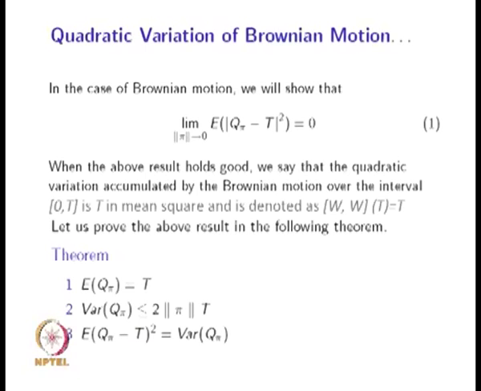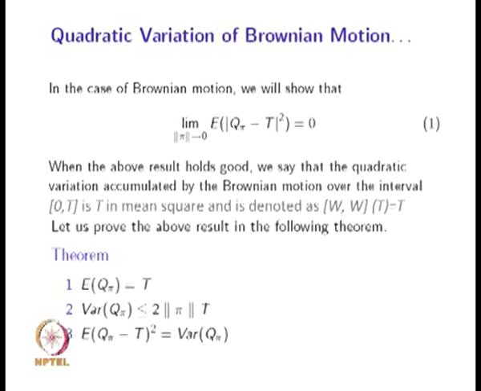When the above result holds, we say that the quadratic variation accumulated by the Brownian motion over the interval 0 to capital T is capital T in mean square, and it is denoted by the quadratic variation of W over the interval 0 to capital T, which is capital T.